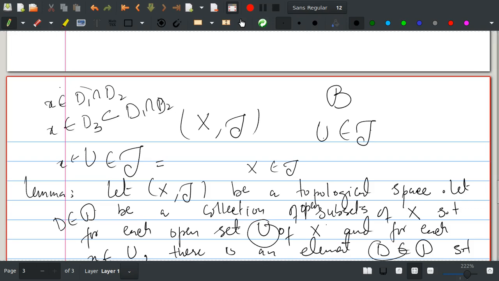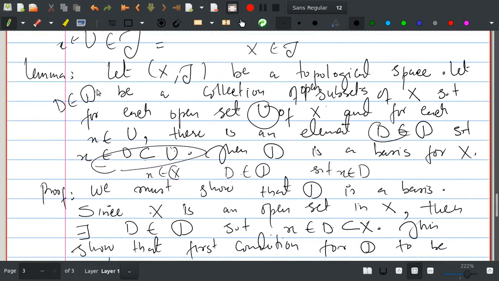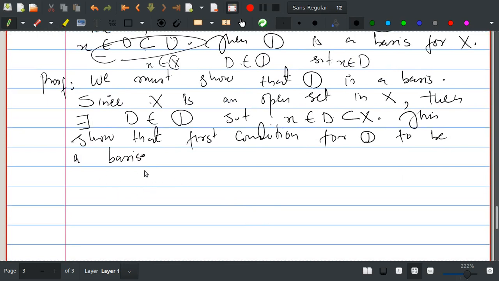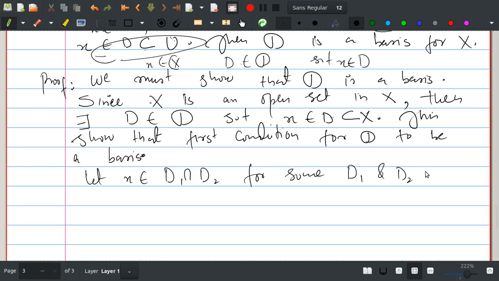So let us pick an element in the intersection. So let x belong to D1 intersection D2 for some D1 and D2 in this script D.